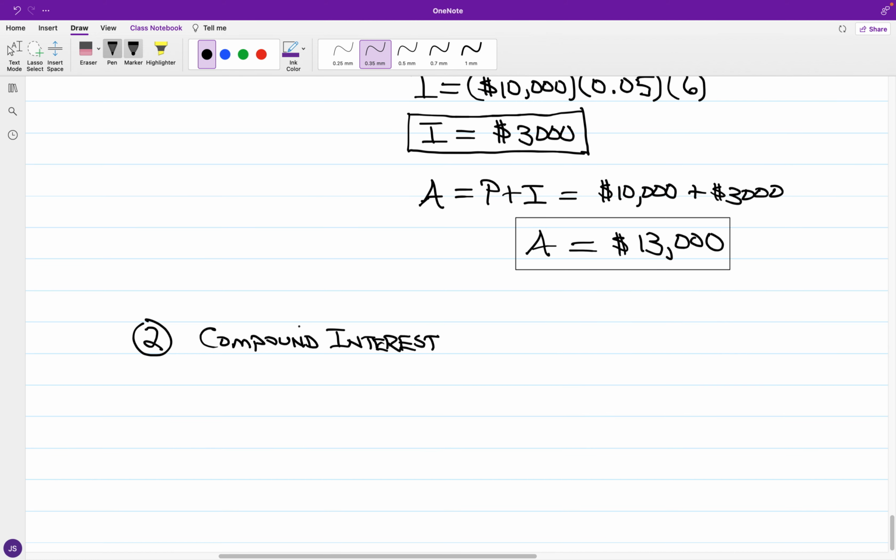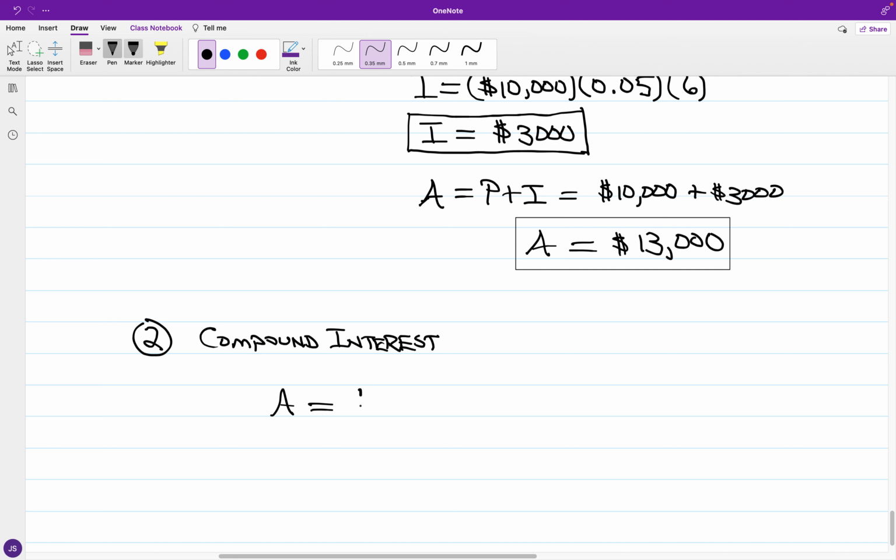For compound interest, one version, especially with annual compounding, all the way out to monthly compounding, even daily compounding, you're going to have a lot of the variables from the simple interest financing.